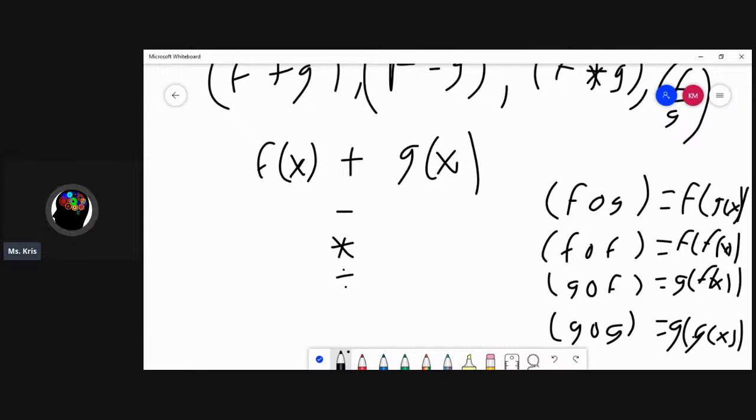And typically with these, you are either trying to find out if they're inverses, or you are trying to solve for the function as it relates to that particular function.